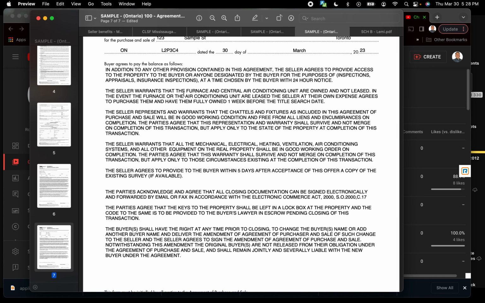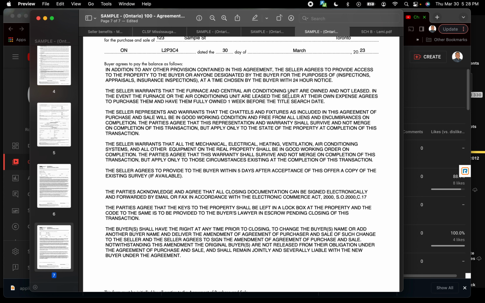Next is the seller warrants that the furnace and central air conditioning unit are owned and not leased. In the event the furnace or air conditioning unit are leased, the seller at their own expense agrees to purchase them and shall have them fully owned 1 week before the title search date. So, let's say the furnace and the AC are rental, this means that first and foremost the furnace and the AC or any appliances that we put in here, like hot water tank, water softener, are owned and not leased.